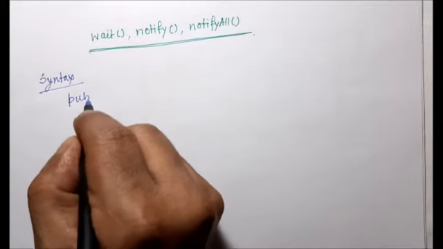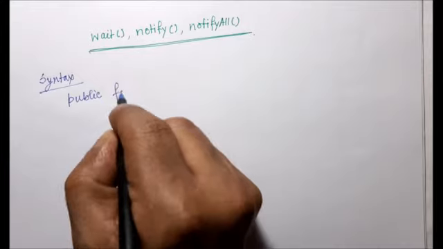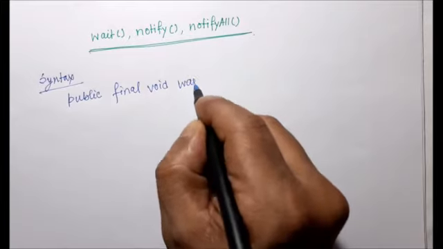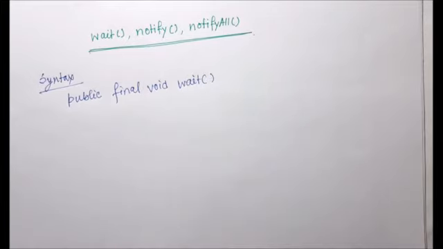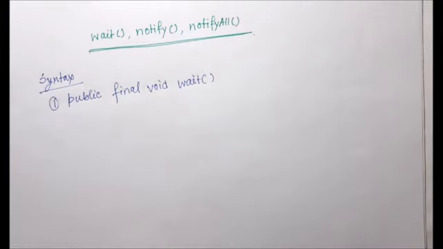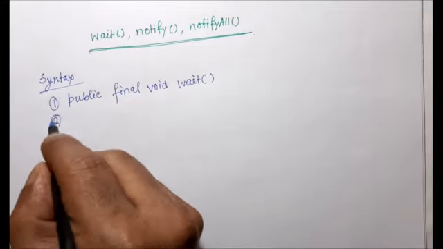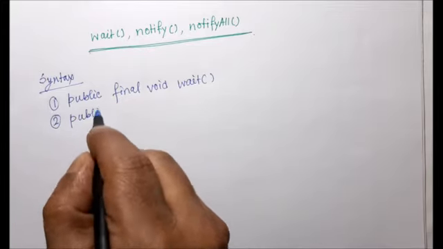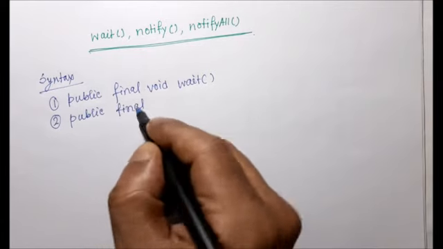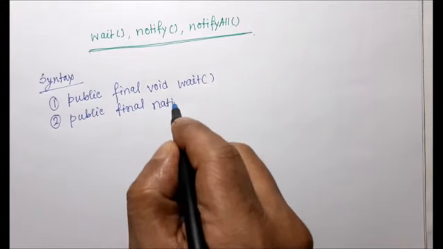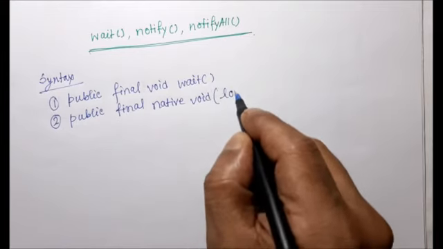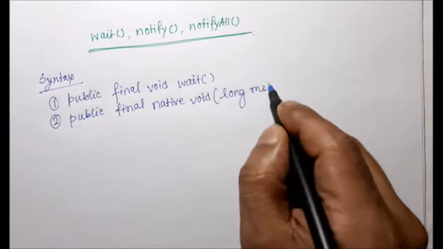public final void wait(), and we have another wait method, that is public final native void wait(long millisecond).